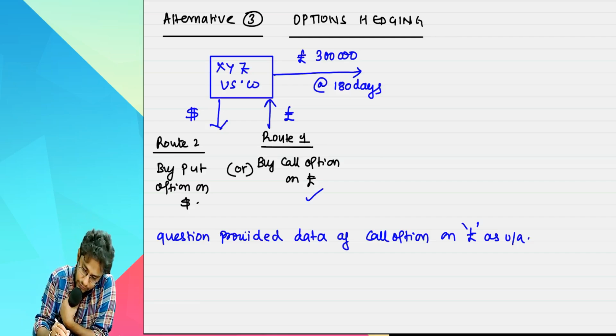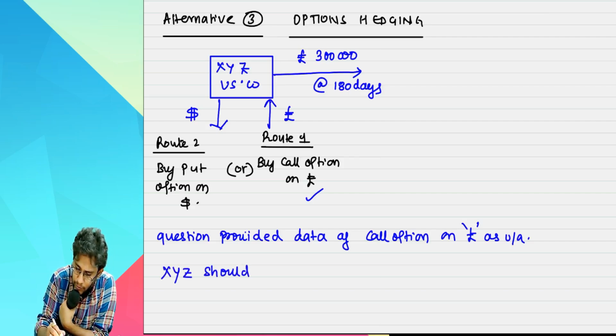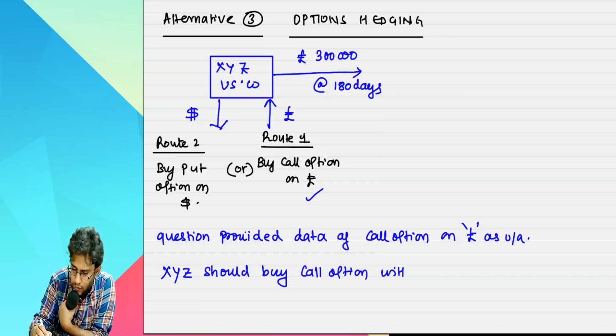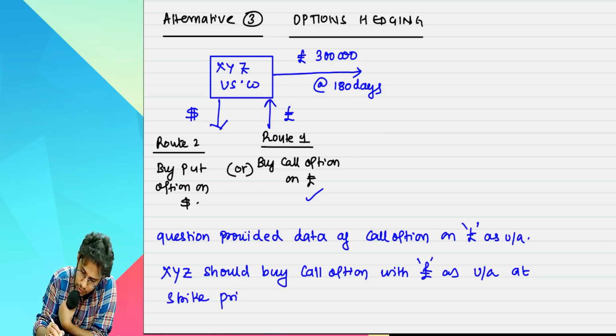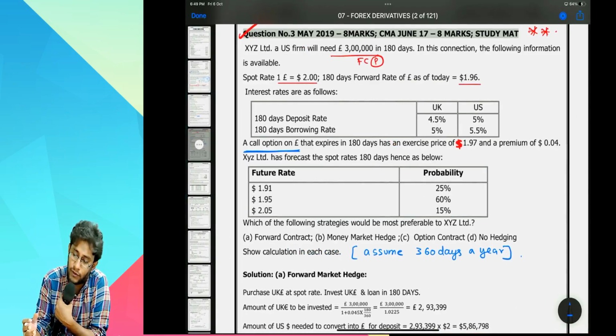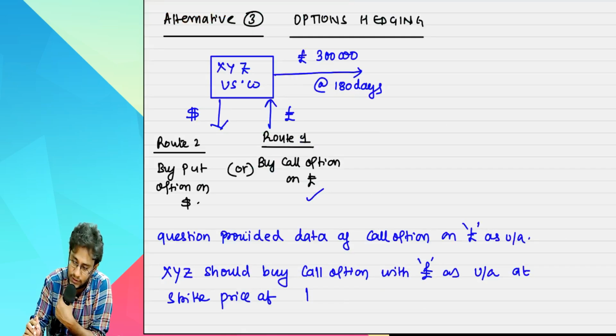Okay, so XYZ should buy a call option with pound as underlying asset at a strike price. The call option will give you the right to buy pound, no? At what rate? At $1.97.